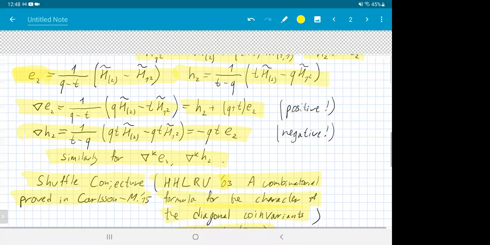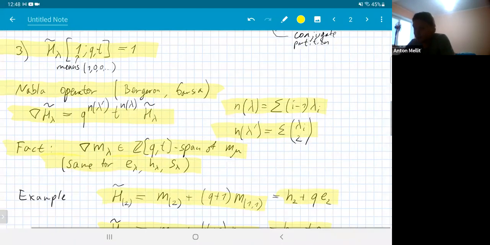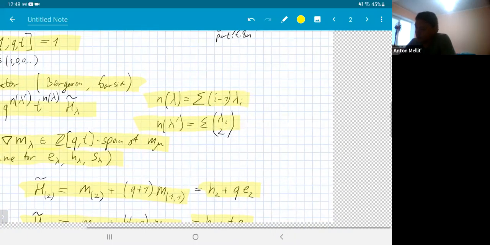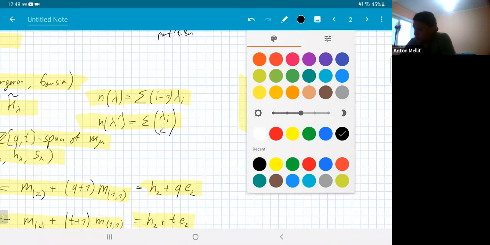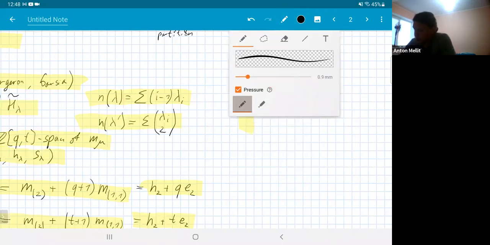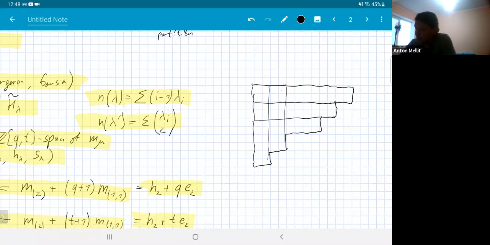So I think I can motivate it by saying that similar things were observed, where in general you draw your lambda, something like this, and then you put monomials in the cells by putting 1, then q, q squared, q cubed, t, t squared, qt.